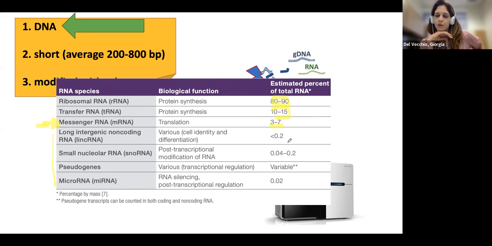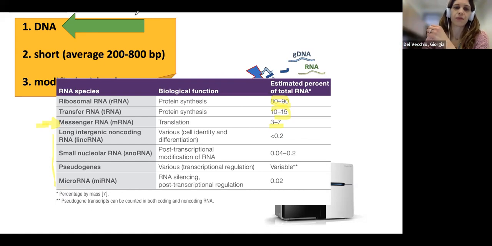So if we are interested in messenger RNA, how can we look at the messenger RNA and remove any other RNA? Yeah, poly-A selection is one option.